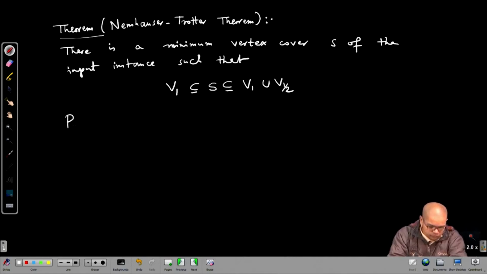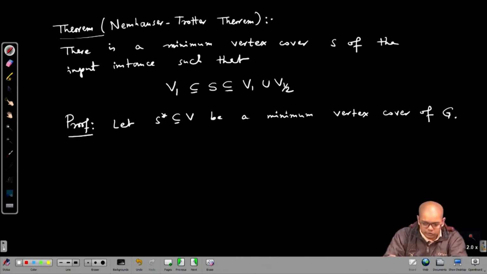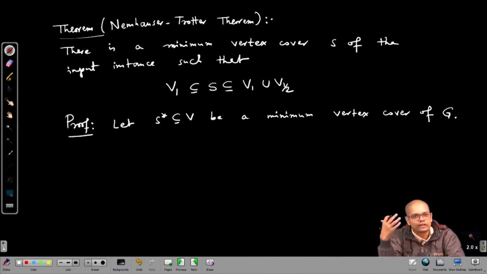So, proof. Let A star, a subset of V, be a minimum vertex cover of G. What we do is that from A star we remove all vertices in V0 and pick all vertices in V1.